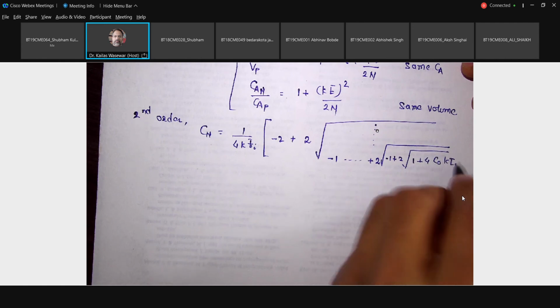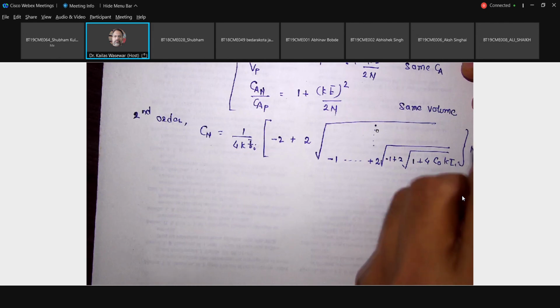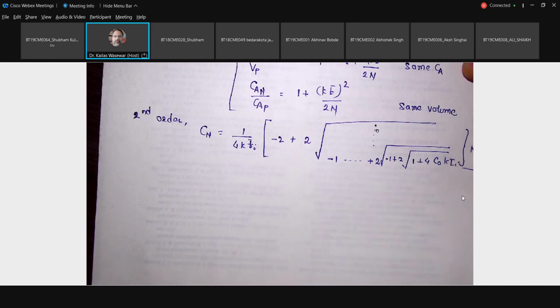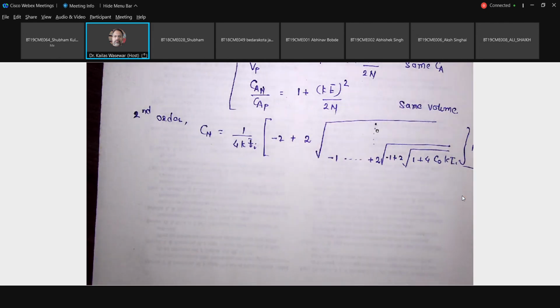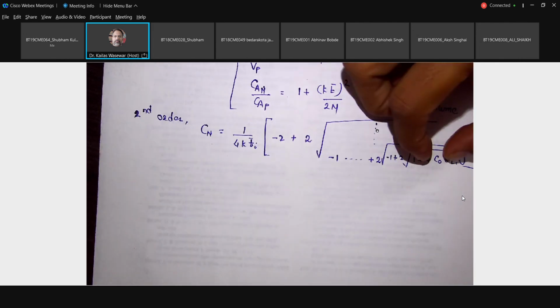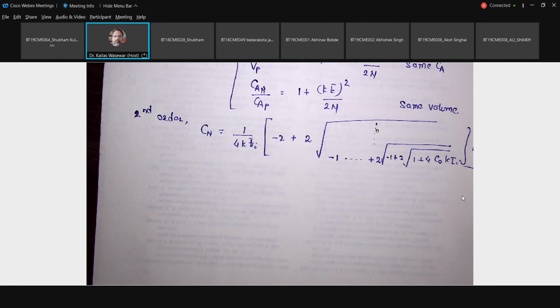So this will be done almost n times. You have to do it: square root, square root, square root. This particular parameter will go n times. So this is for the second order reaction.